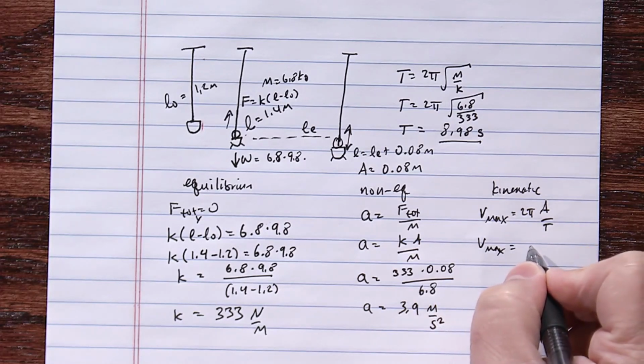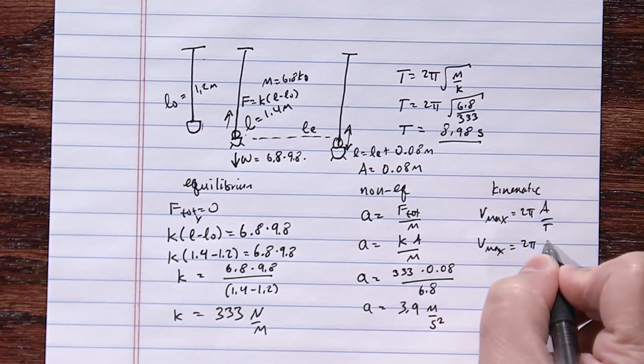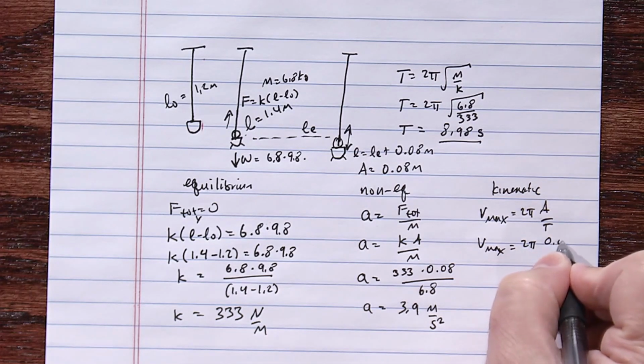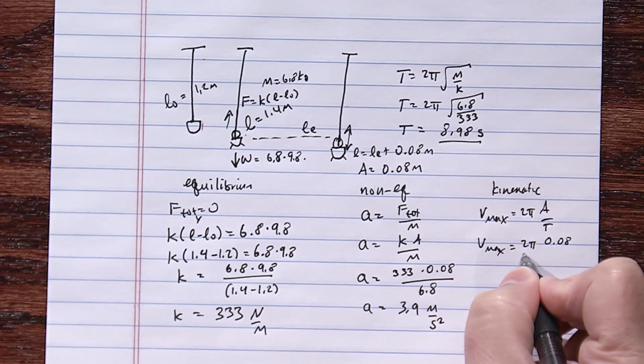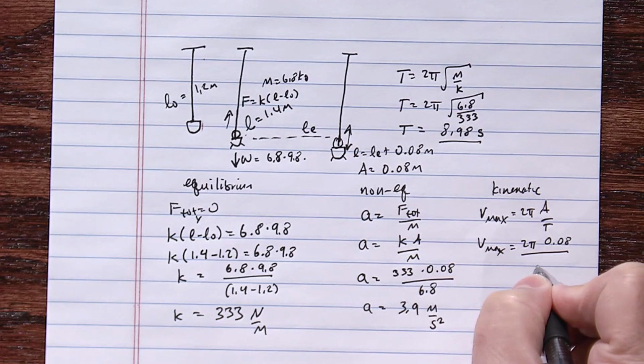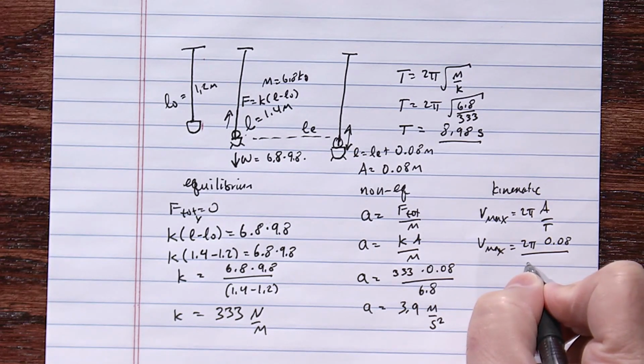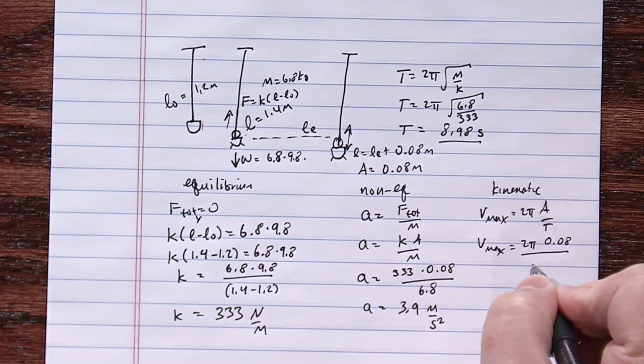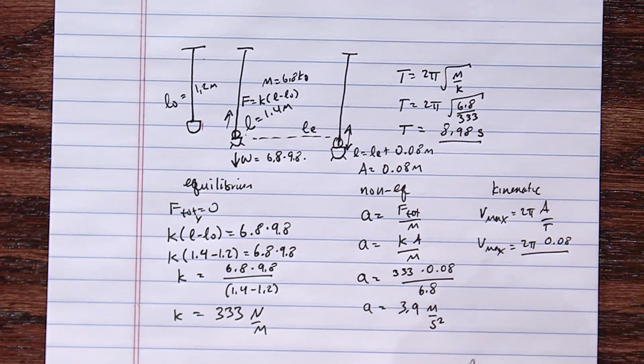So Vmax is equal to 2 pi times 0.08 meters divided by the period. I'm sorry, hold on one second here.